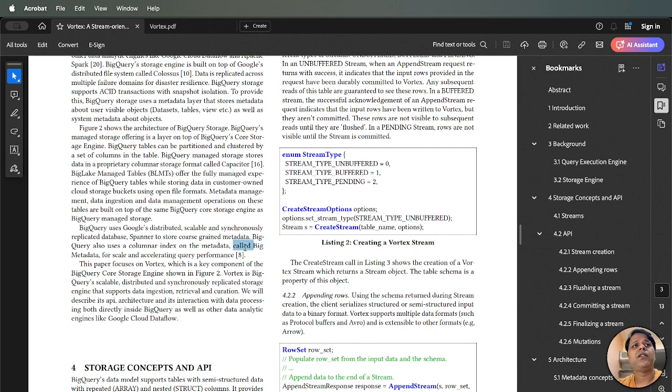Again, Big Metadata. If you see this, there is a paper for this as well. When you handle data at large, big data, in a distributed manner, the metadata itself becomes very huge. This is one of the challenges even other big data systems face, like you must know the handling of metadata in Spark.